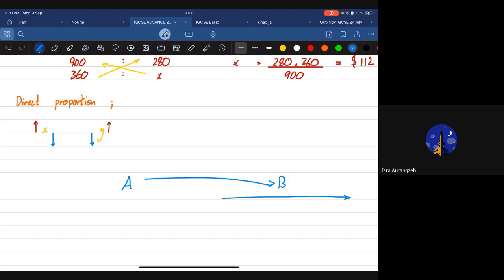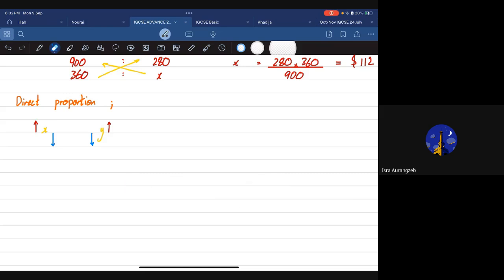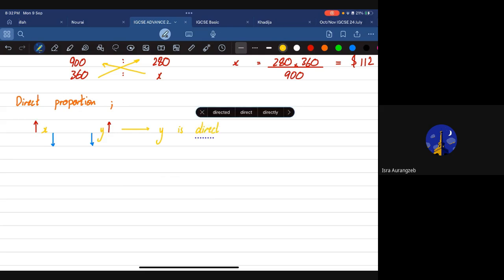The more whatever it is, the more time it's going to take. Now, one thing is for certain: we can simply say that Y is directly proportional to X.